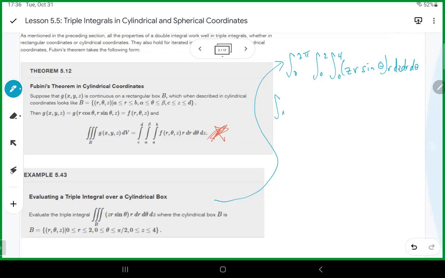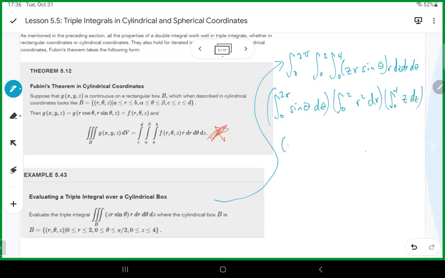So we'll have 0 to 2 pi sine theta d theta. And then we're going to have 0 to 2 r squared dr. And then 0 to 4 z dz.